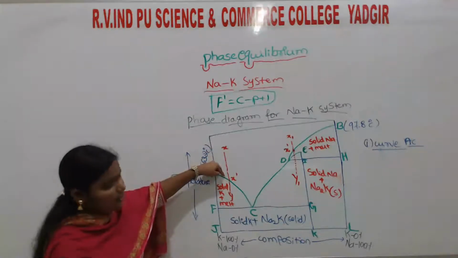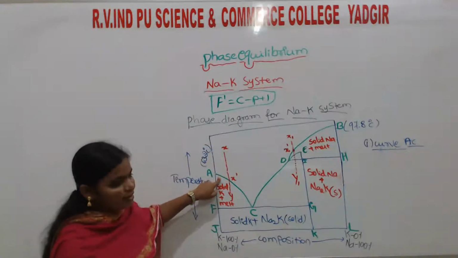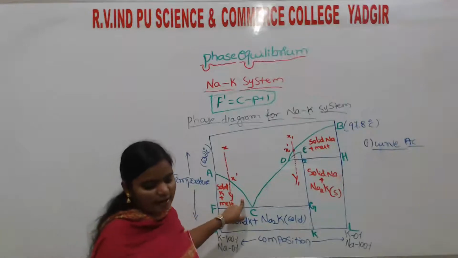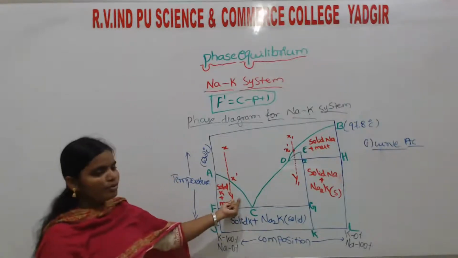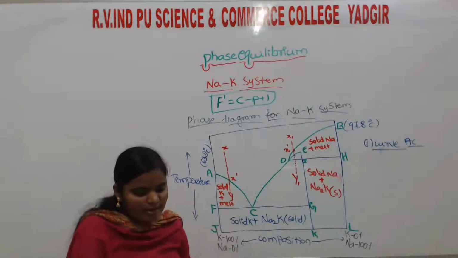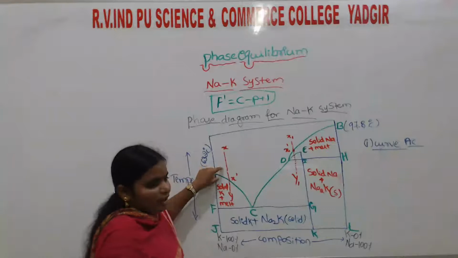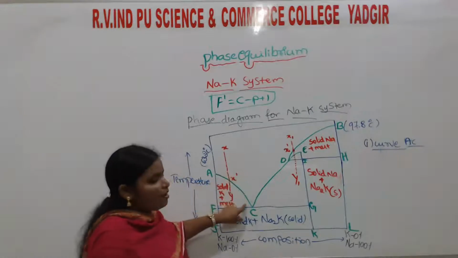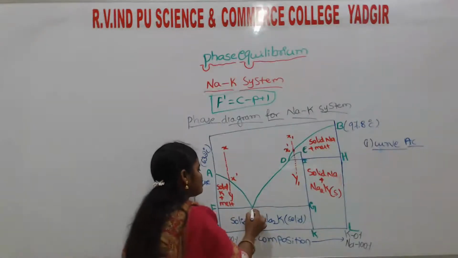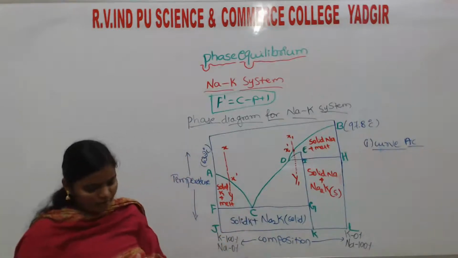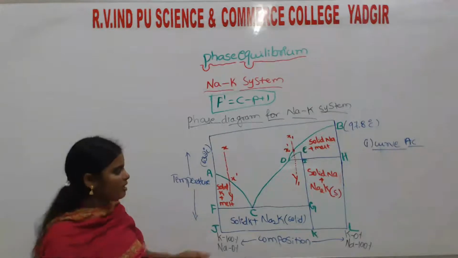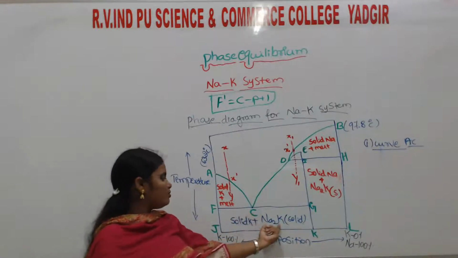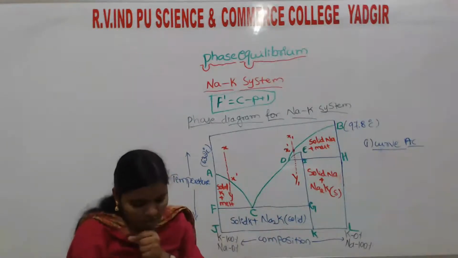This point reaches the curve at point A, and here you are adding sodium. As you increase the amount of sodium, the temperature gradually decreases and the composition changes, until finally it reaches the lower point C. At this point C, potassium separates out also along this curve, and a new solid Na2K separates out.